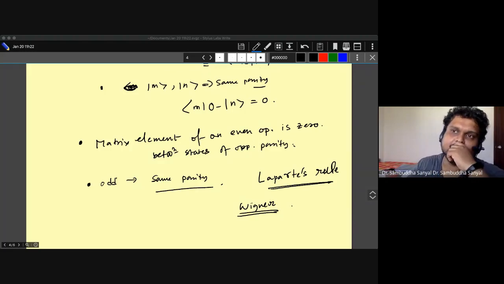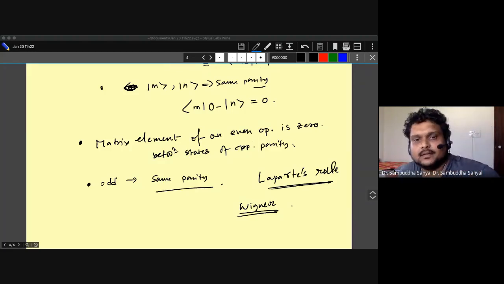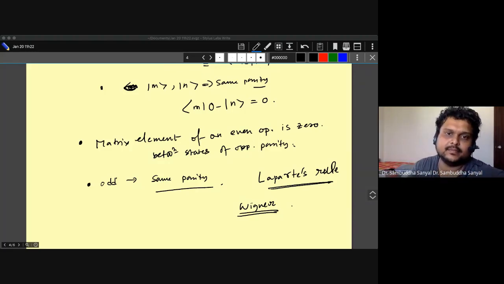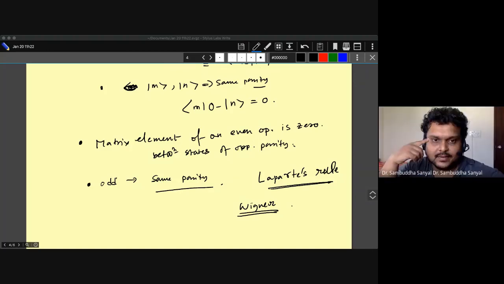I wrote the Hamiltonian entirely in terms of the gauge terms, basically in terms of the vector potential. Sorry, I don't think I understand the question fully. Can you repeat the question once more?